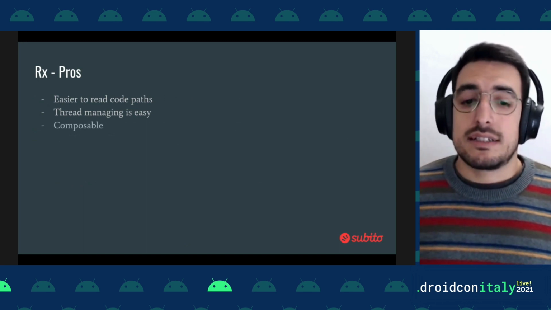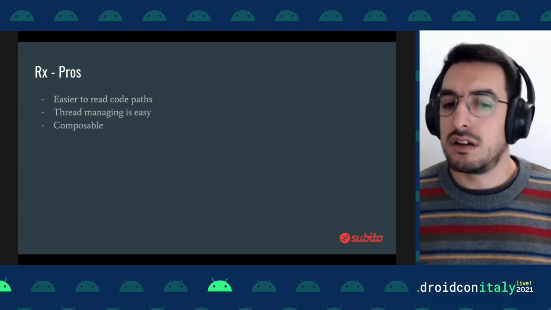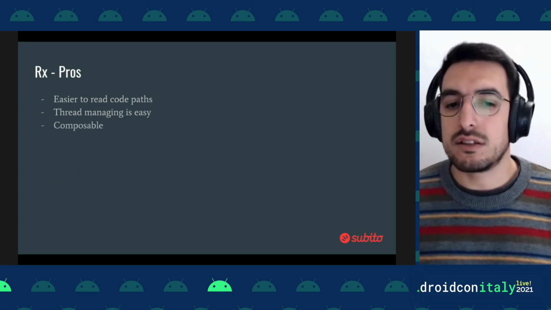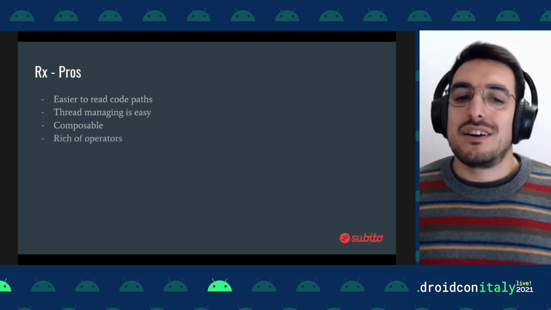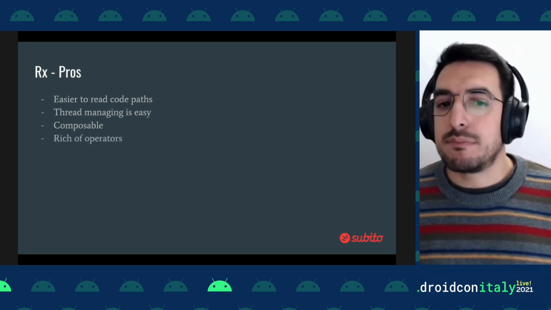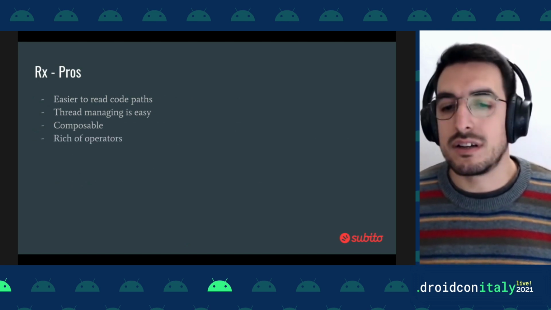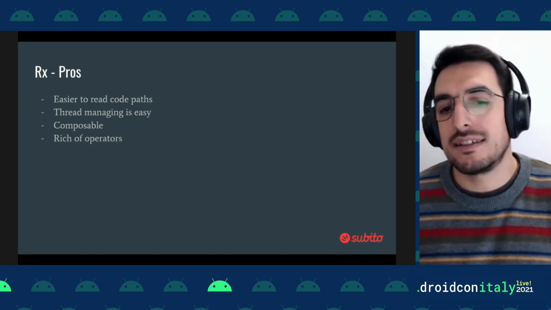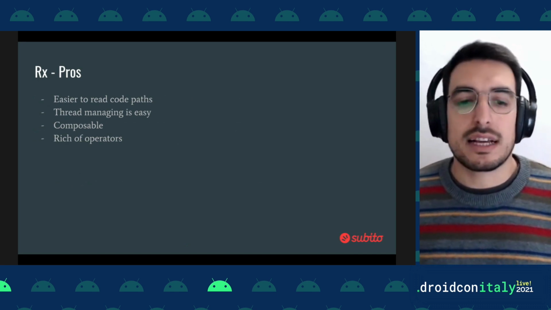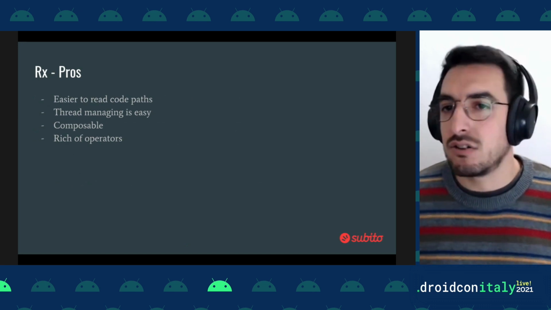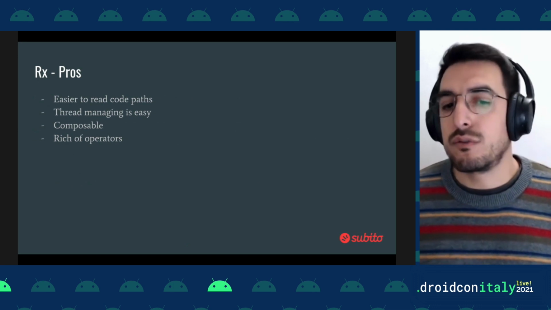And now Rx is composable because with Rx, you are able to compose different observable sources. And Rx also is a concept, and you can build it by yourself. You can create by yourself your Rx library, but you can use also existing ones like RxJava or RxKotlin. And these libraries are really rich of operators.